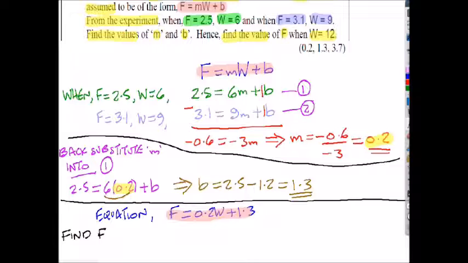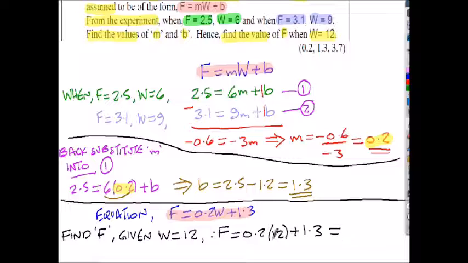F, the friction force, given, this is from the question, W is equal to 12, probably newtons, it doesn't actually say, but probably newtons there. So therefore F is equal to 0.2 multiplied by, in brackets, 12, and then we add the 1.3.